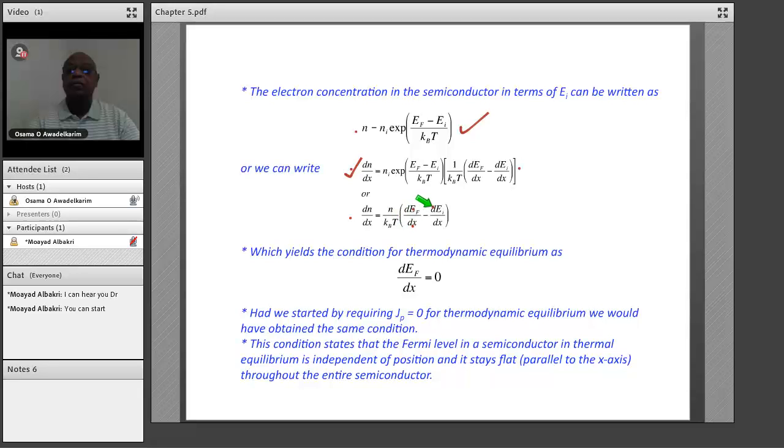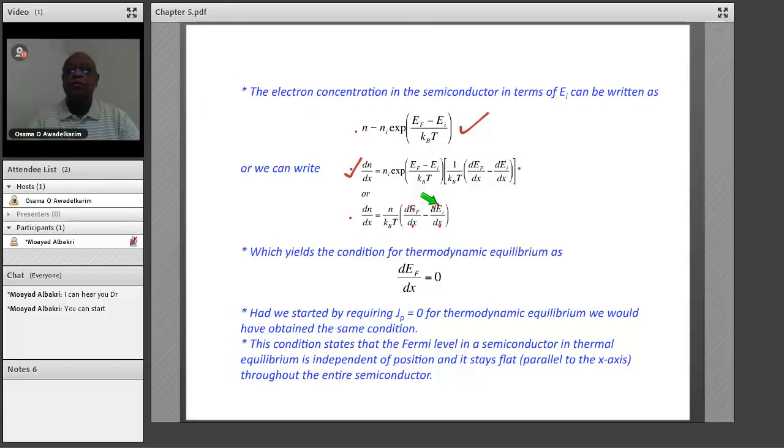minus dEi/dx. Now, this EF here is the Fermi energy in the n-type semiconductor. Remember, this Ei is the Fermi energy in the intrinsic semiconductor.